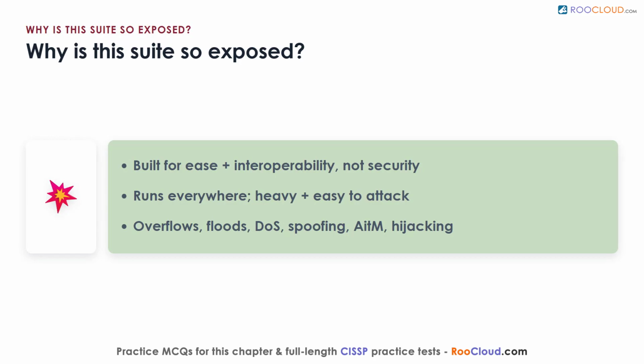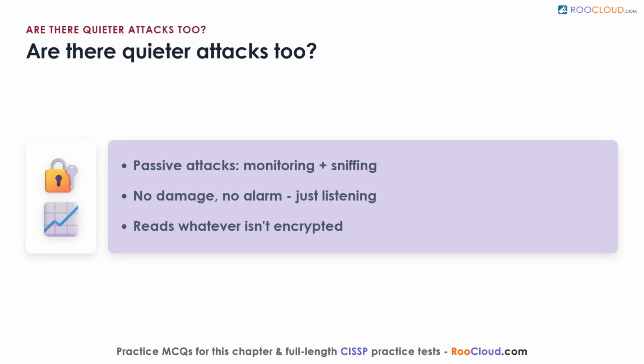Poorly built implementations open the door to a long list of classic threats: buffer overflows, connection flood attacks, various denial of service attacks, fragment and oversized packet tricks, spoofing, adversary in the middle interception, and session hijacking. It is like a house designed for easy access, where every convenient entrance is also a way in for an intruder.